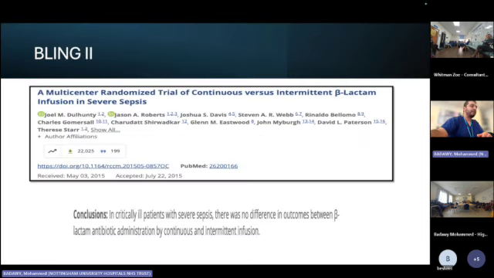And then the same team did BLING-II in 2015, which is quite a larger study, multi-center and blinded, comparing continuous infusion versus intermittent dosing for beta-lactams. And the outcome was no difference.